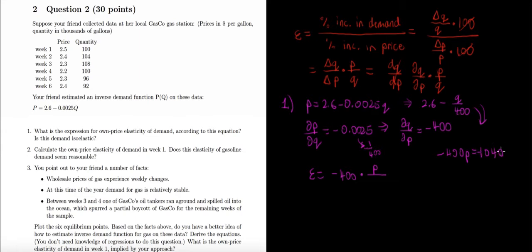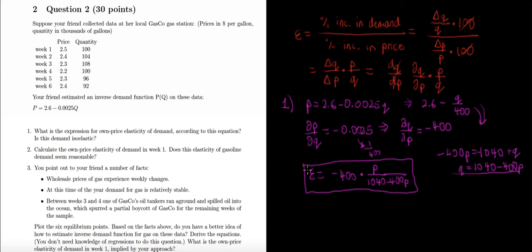And then we get plus Q. So we get Q equals 1040 minus 400P. Okay, so then we can plug this in. So this is 1040 minus 400P. So this is the expression for the own price elasticity of gasoline using the inverse demand curve that our friend estimated.